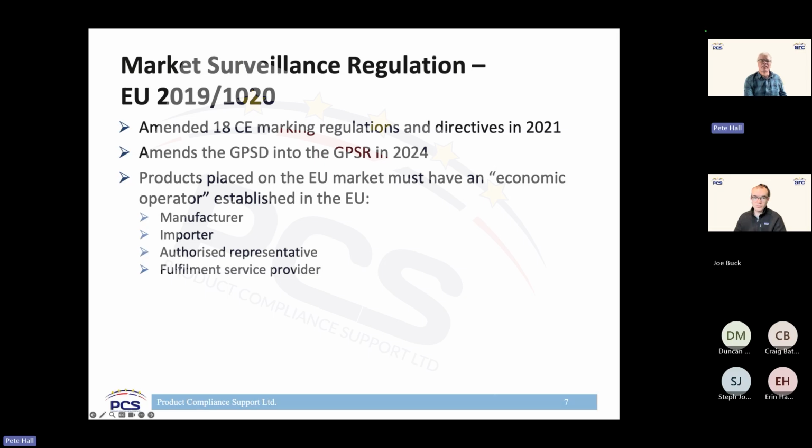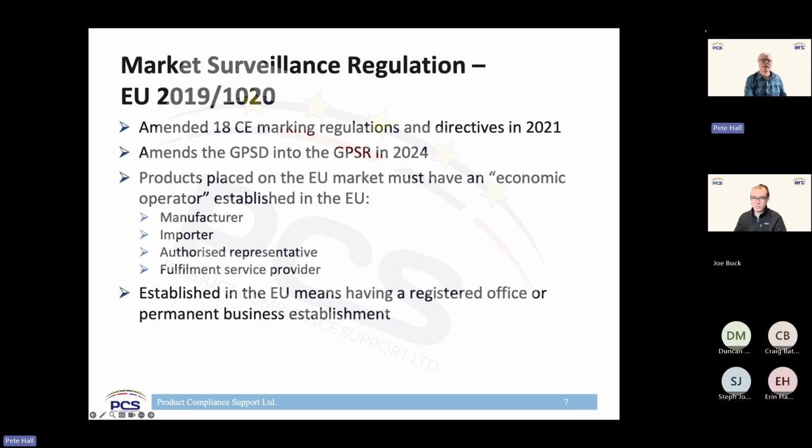They insist on overseas manufacturers getting their own authorised representative because they realise they can't provide that service. And that responsible person must have a registered office or some other registered organisation in the EU.